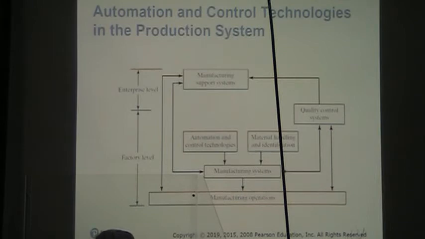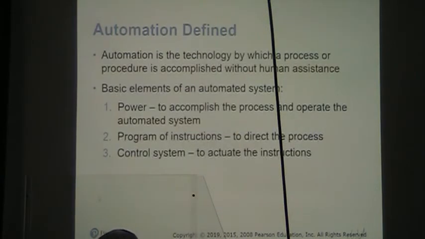You remember this diagram from, oh gosh, now I've forgotten, I believe it's Chapter 2 of this book, where we talk about the enterprise level, the factory level, and bringing in automation and control technologies. All right, so automation, when we define that, is the technology by which a process or procedure is accomplished without human assistance.